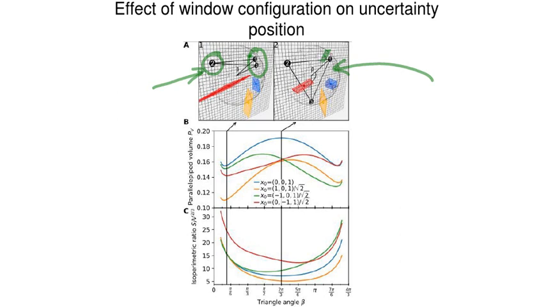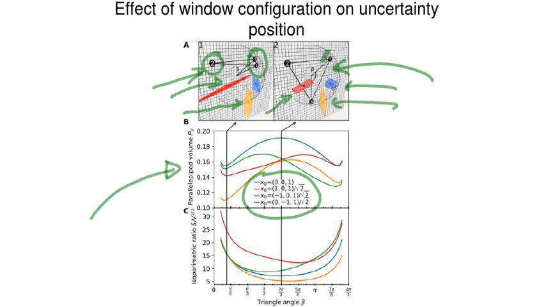And then what we did is we varied the position of the source, and depending on where the source is, you can see that the volume of uncertainty has very different behavior. These are the different colors in here, where you see that the volume is very nonlinear depending on the position, and this is expressed here in this curve depending on the angle beta here between 1 and 3.